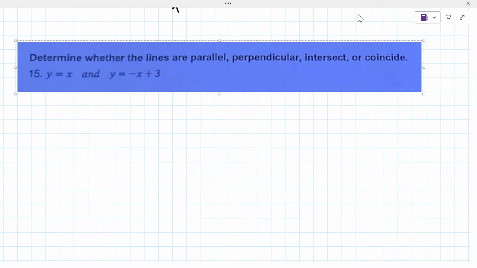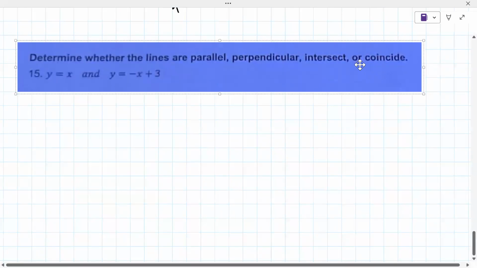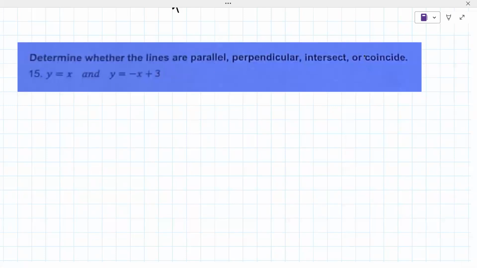I think I'm going to have to look up that one. What do you think your teacher means by coincide? Well, I think I know what she means, but that's kind of an odd word here. To answer these questions, we need the slope of each line. Can you tell me the slope of either of these lines?